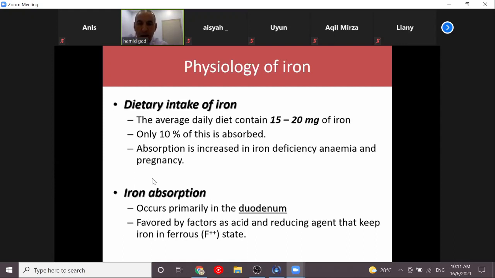That's why if your patient has iron deficiency and you give him an iron supplement, you ask him to take iron after food or before food? Before, we know it because we said acidity is important.